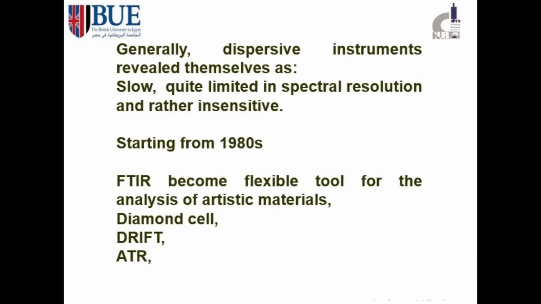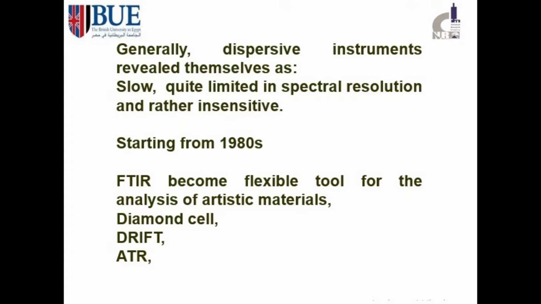By the 1980s, FTIR became more flexible as the Fourier transform was added to infrared spectroscopy. The analysis became more realistic, and more artistic materials could be analyzed with FTIR because of the diamond cell, the DRIFT, and the attenuated total reflection, which facilitate studying these artifacts as a non-destructive technique.